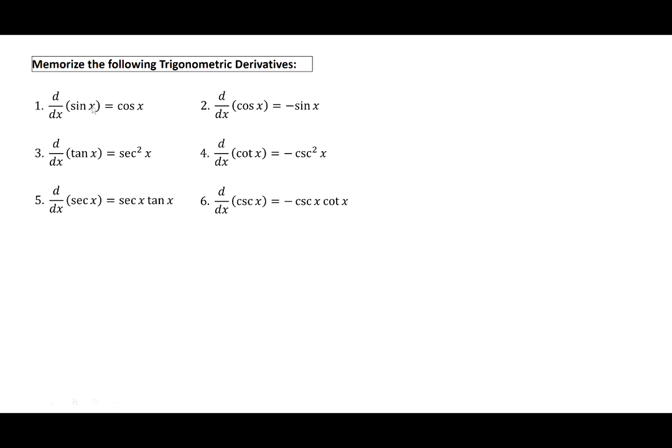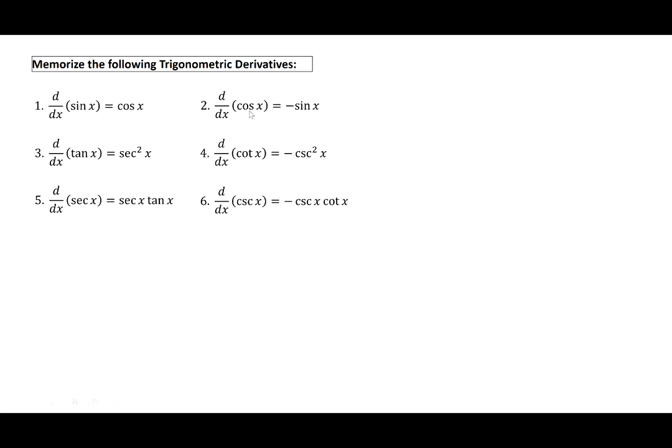There is a sort of symmetry though. Sine x, the derivative is cosine x. The derivative of cosine x is negative sine x. There's something else I want to show you. Cosine x, the derivative is negative sine x. Cotangent x, negative. Cosecant x, negative.